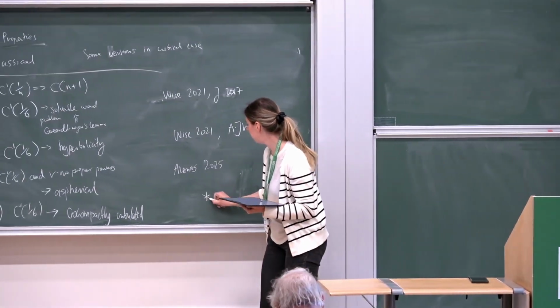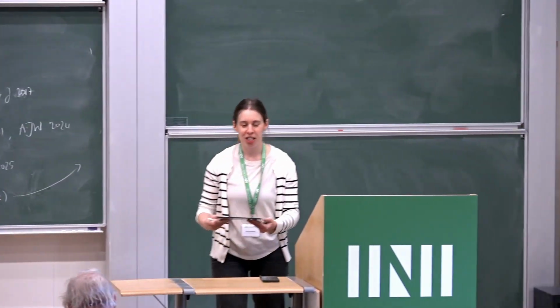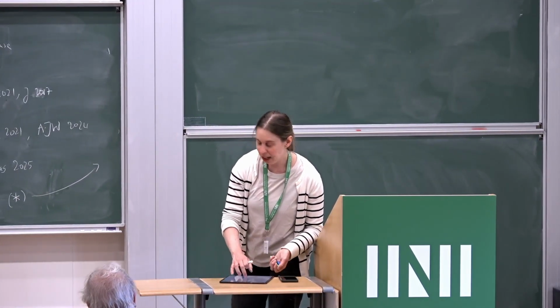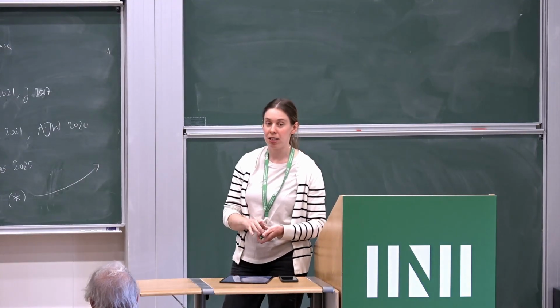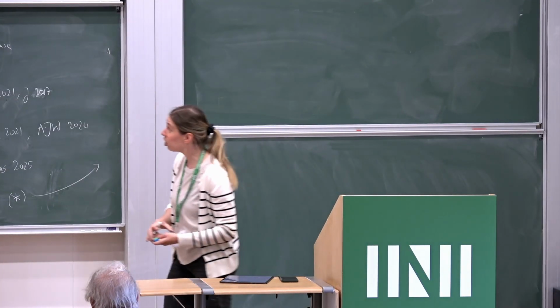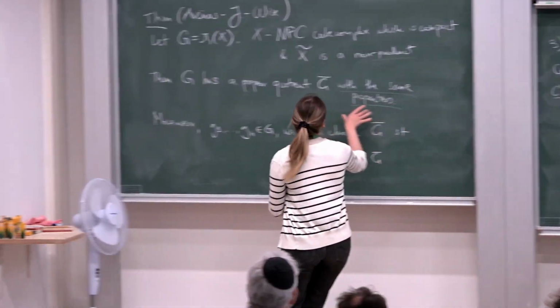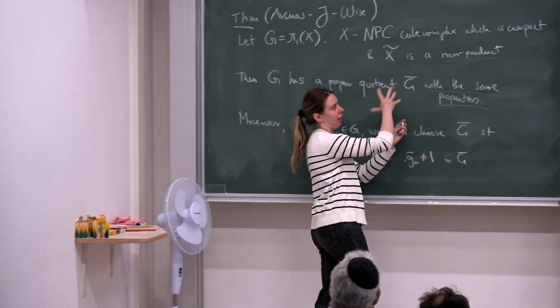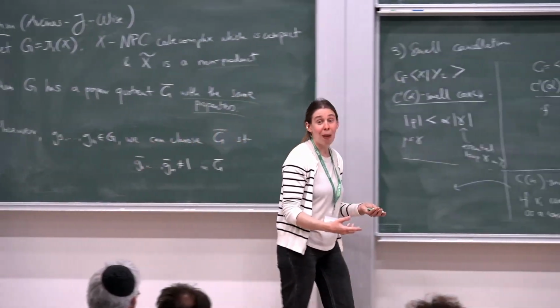And on this other side is a theorem that I'm going to write over here now, that can be viewed as a version of this in the cubical case, and which is in particular something that we use here, specifically in this part where we're getting a quotient that is co-compactly cubulated.